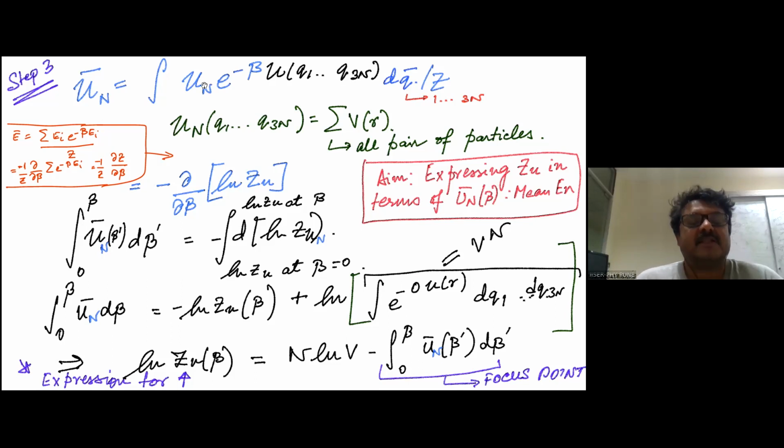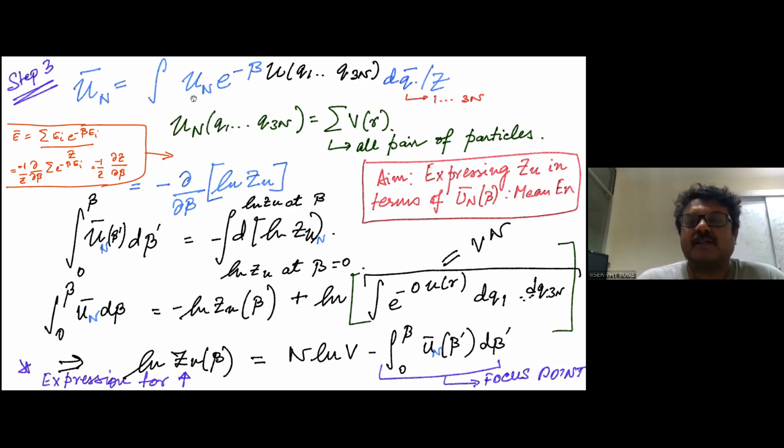So basically, it's the energy of the microstate, some configuration of particles. Correspondingly, it has a certain potential energy, which is given by this U(q1, ..., q3n), which depends upon q1 to q3n. And e to the power minus beta U by ZU would give the probability of accessing that particular microstate. And this is the energy of the microstate.